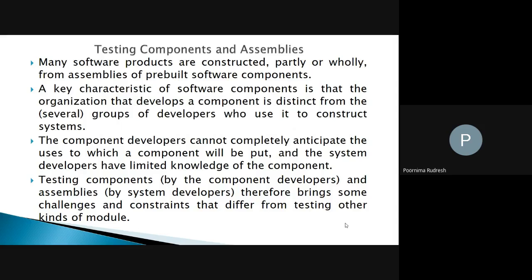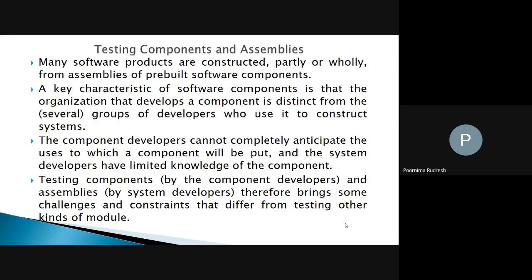Then a key characteristic of a software component is that the organization that develops a component is distinct from the several groups of developers who use it to construct the system. Different organizations may use different methods and different software components to construct the product.